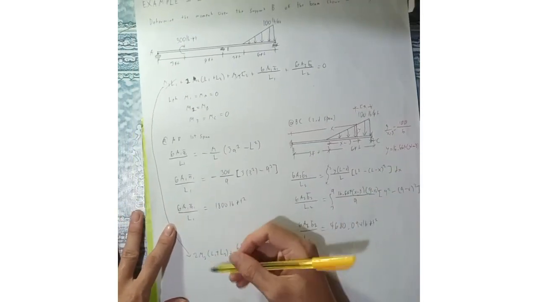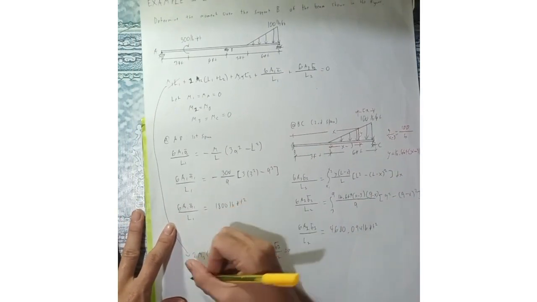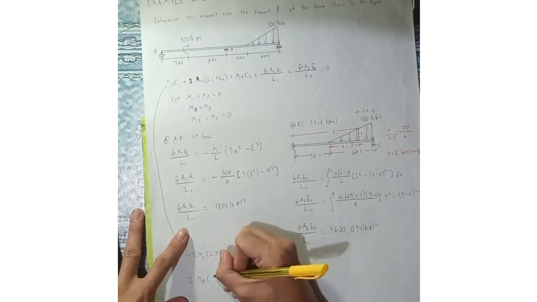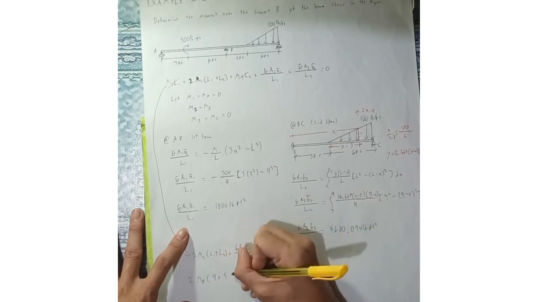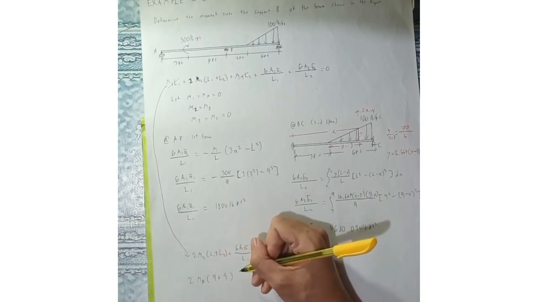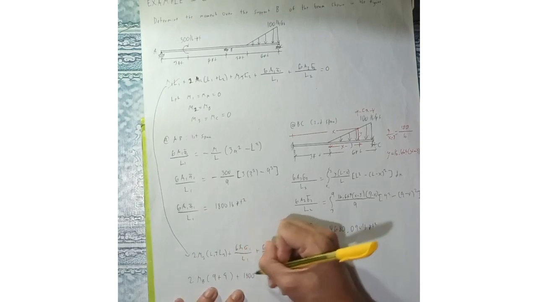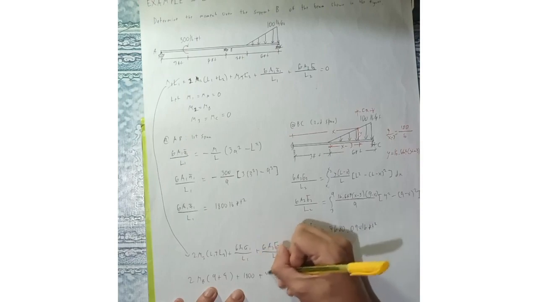Plug, substitute the numbers. 2 MB is 9 plus 9 plus 1,800 plus 4,608.